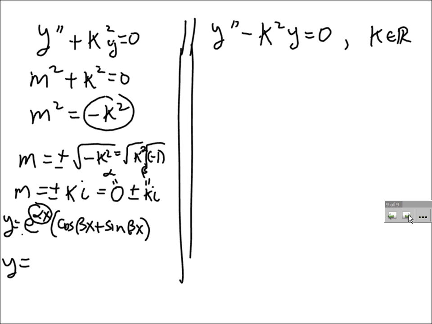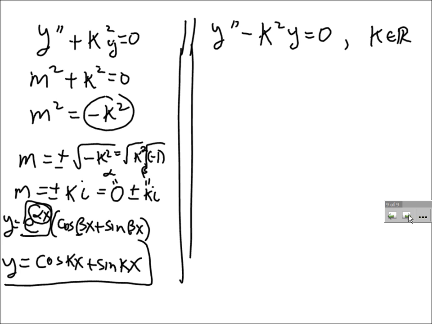So I don't even have to write this piece at all. It's just going to be cosine of kx plus the sine of kx, since b is k. That is the solution, and nothing really special there. Let's look at the other side.